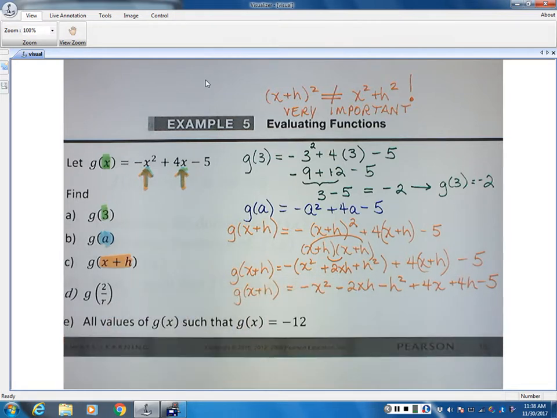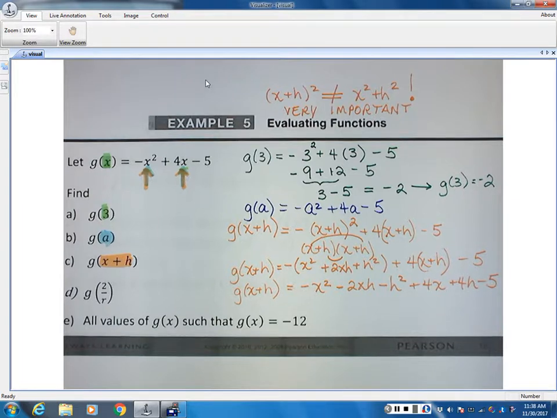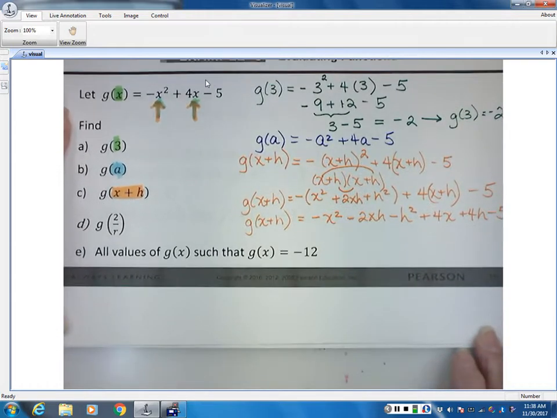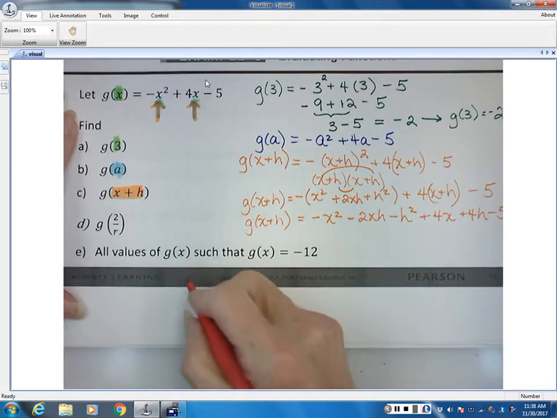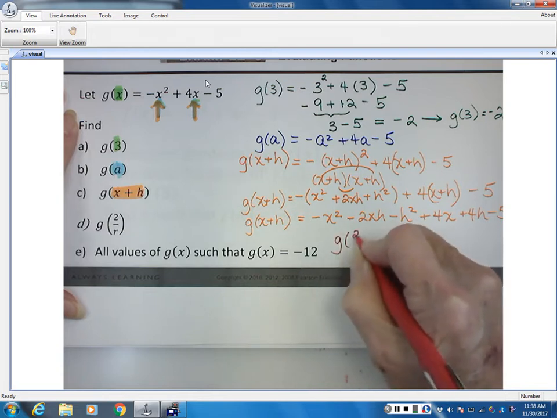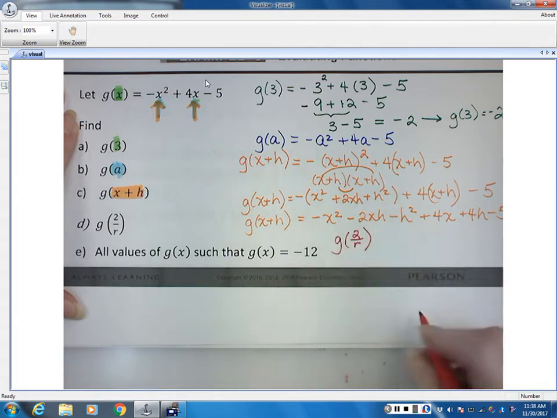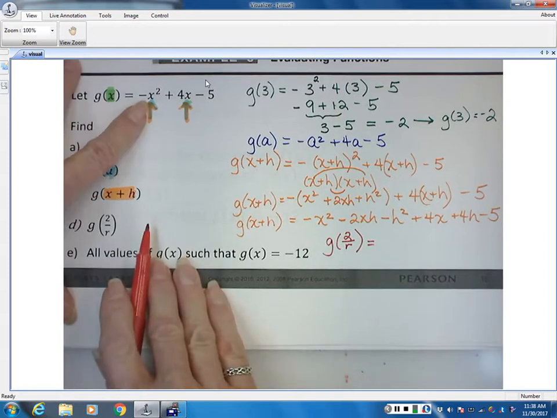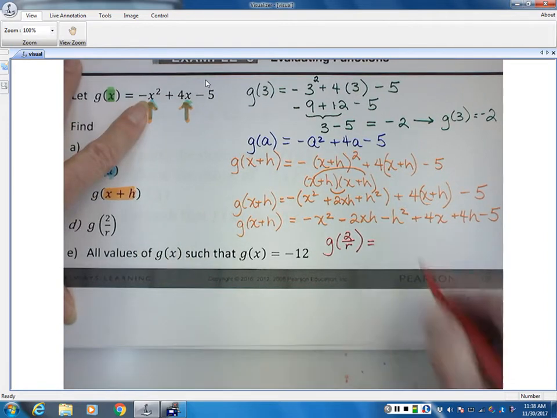Okay? And then part G, g of 2 over r is equal to, and again, we're just replacing x up here with 2 over r.